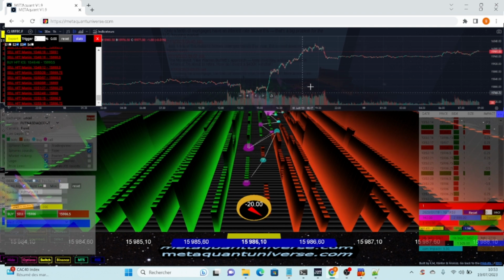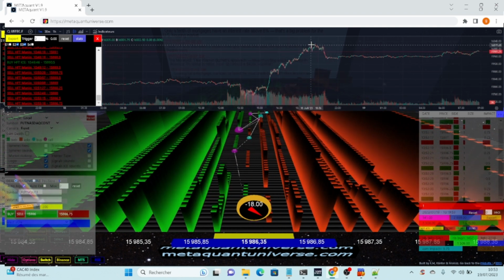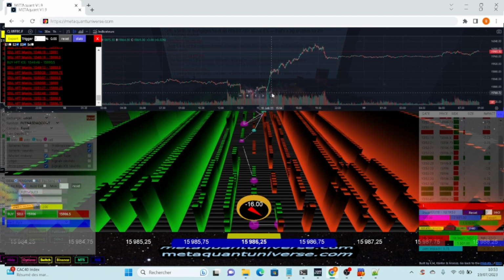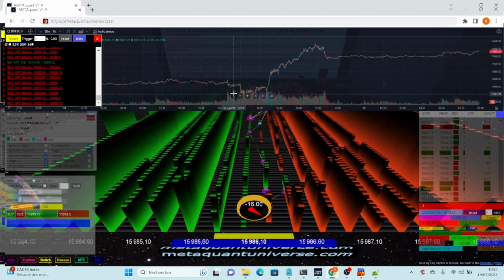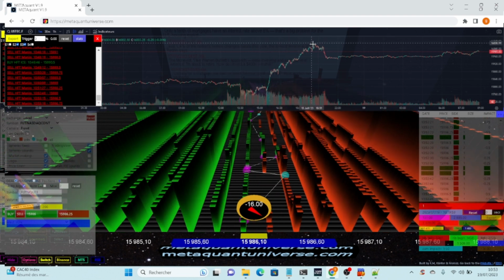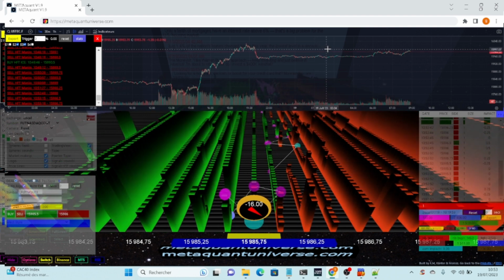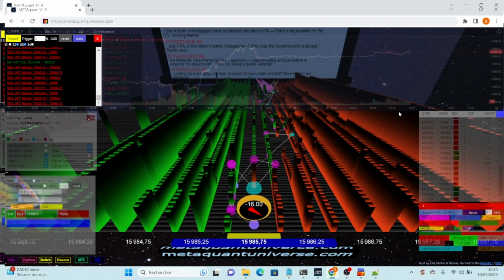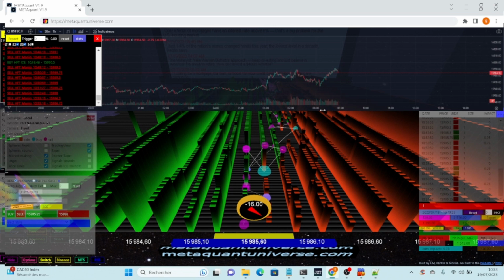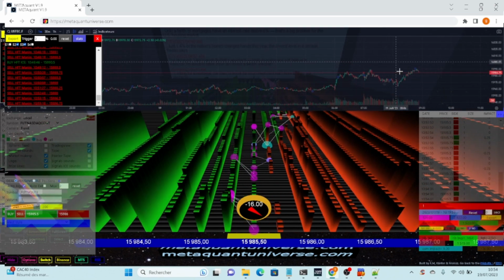It is the yesterday session. We can see we had a very big range, and now we are probably, I think, in a bull trap area.